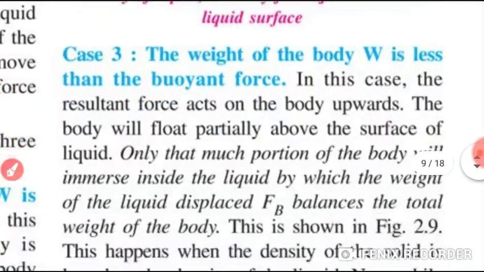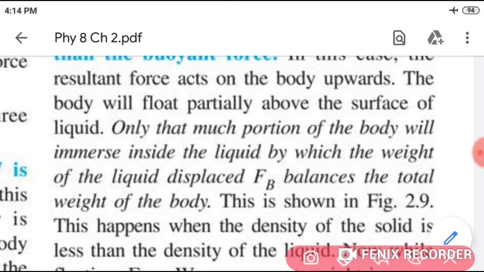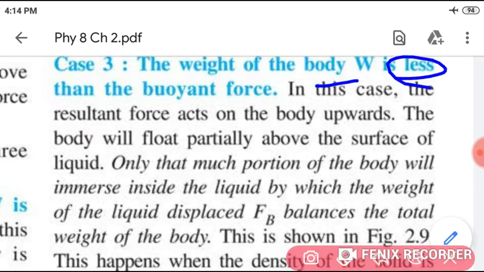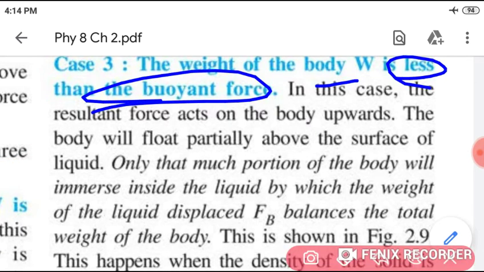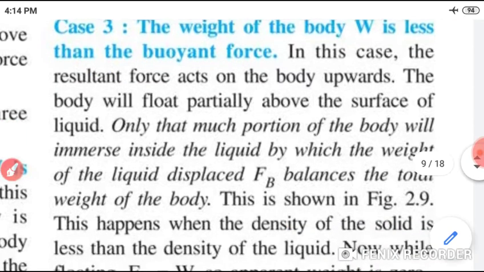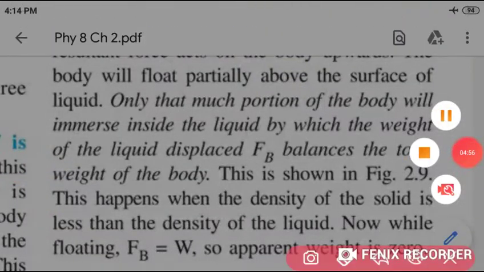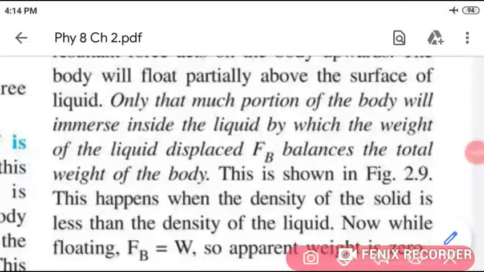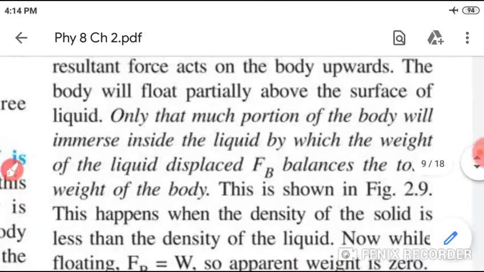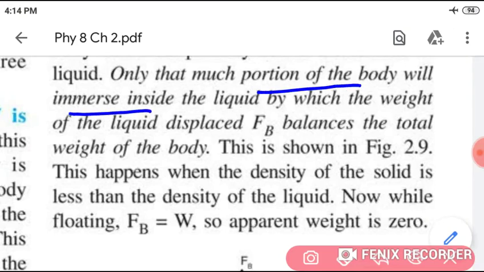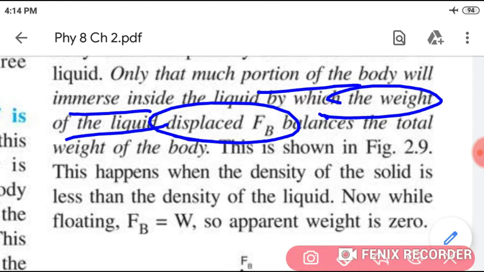Now, what about the third case? The weight of the body W is less than the buoyant force. In this case, the resultant force acts on the body upwards. The body will float partially above the surface of the liquid. Only that much part of the body will immerse inside the liquid by which the weight of the liquid displaced, FB, balances the total weight.